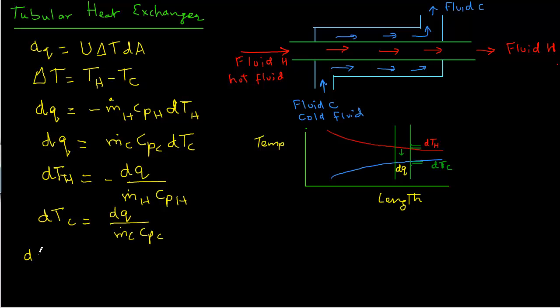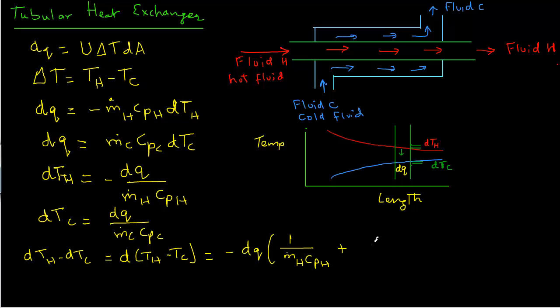Then if we subtract dTc from dTh, we can write dTh minus dTc, or we can write that as d of the difference TH minus TC, equals minus dq, in parentheses, 1 over m dot h cph plus 1 over m dot c cpc.